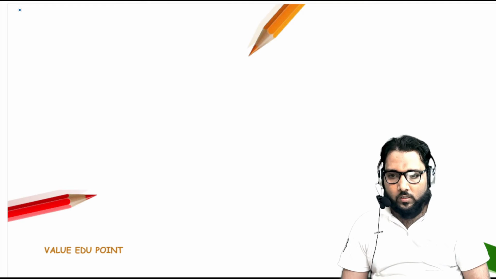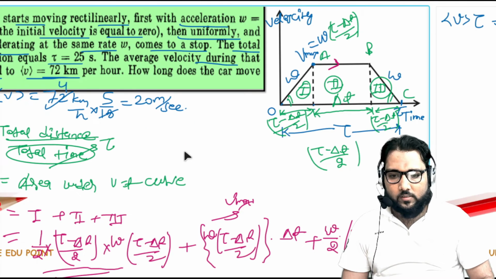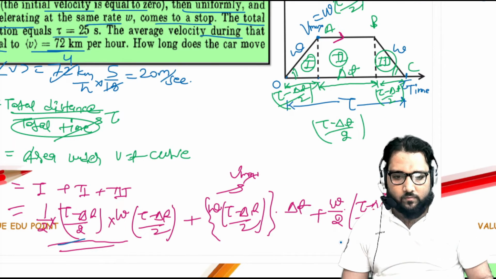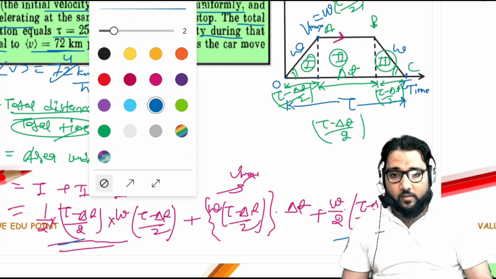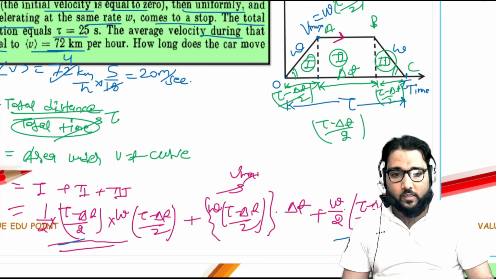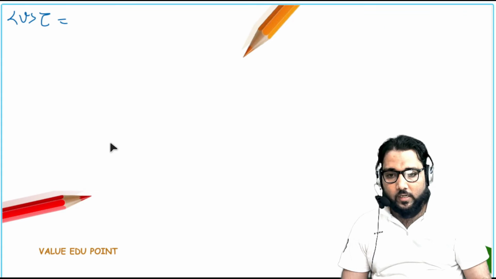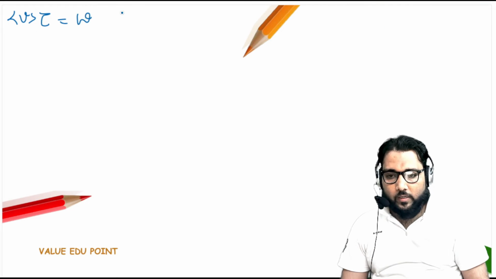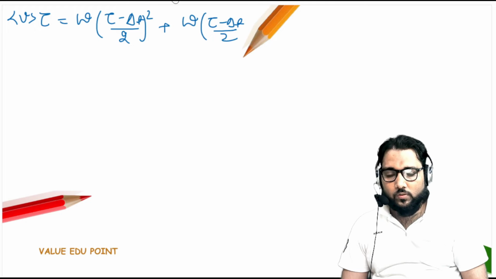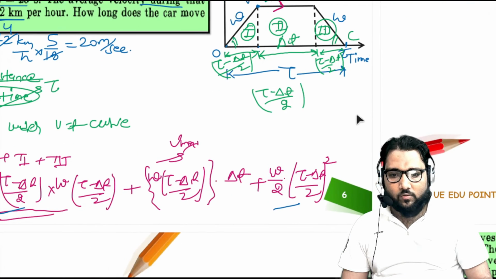Now finally we got average velocity into tau, and this, if I take this, will be double, and this half, this will be double, and I can write this portion as omega into tau minus delta t upon 2, whole square, okay, plus omega into tau minus delta t by 2, sorry, into delta t. Is it okay, guys? You can look at this, whether we are going right or wrong.